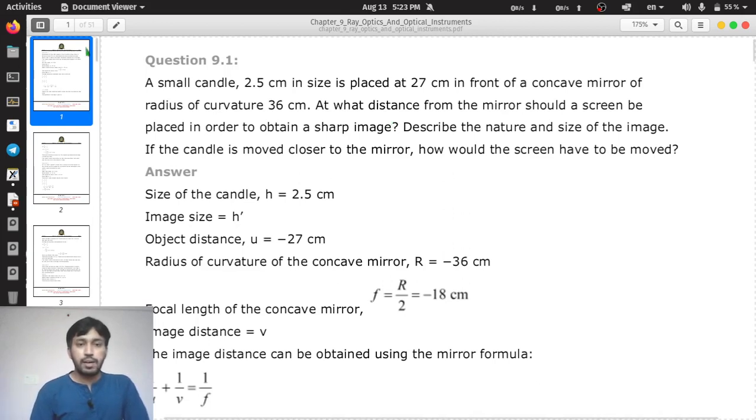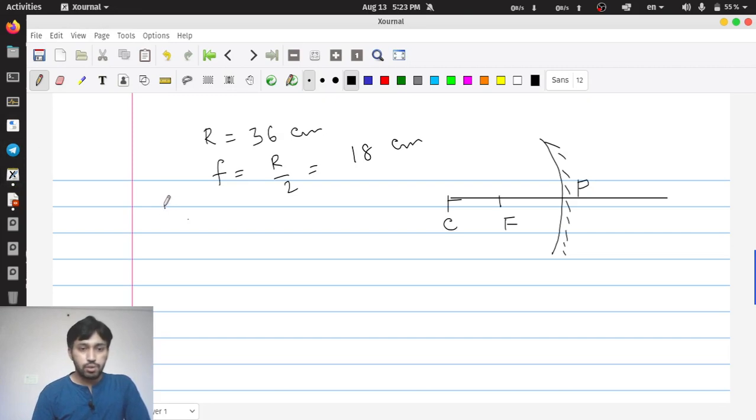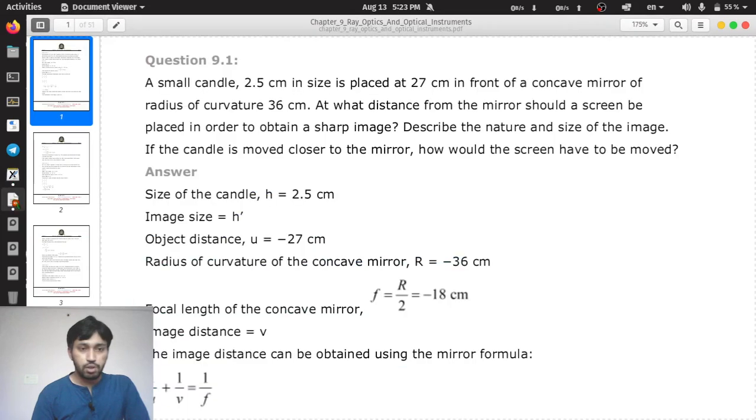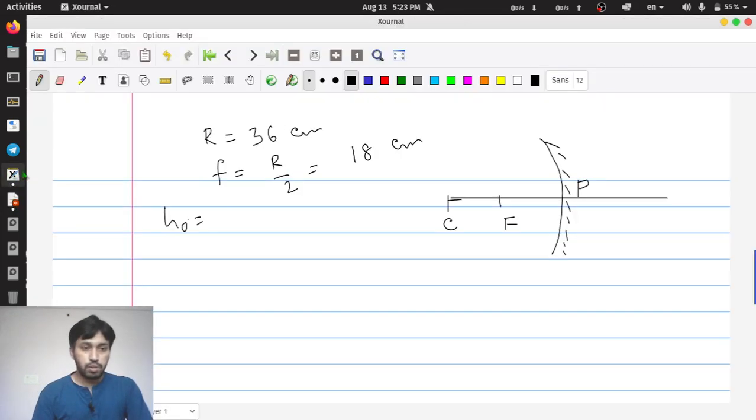So 2.5 centimeter is the object size, ho = 2.5 centimeter, and 27 centimeter is the object distance, u, not 36.